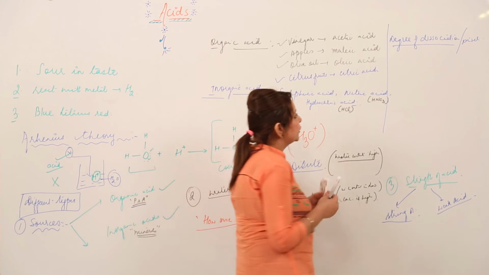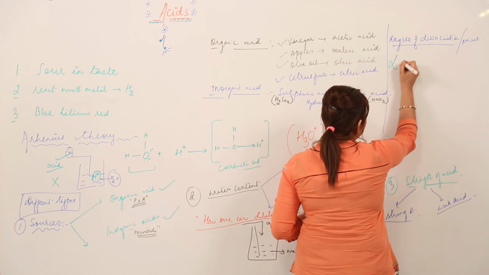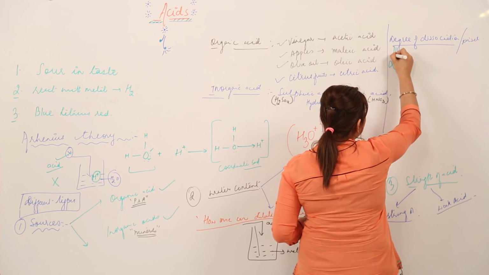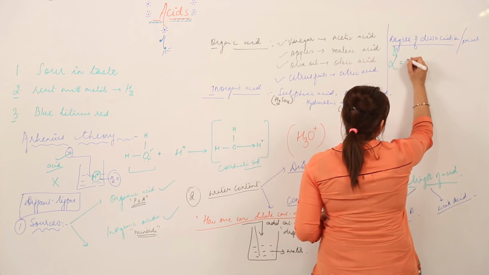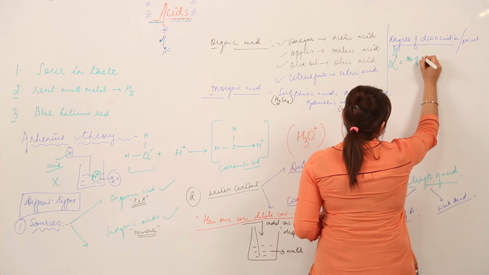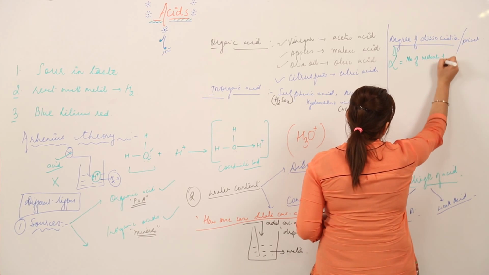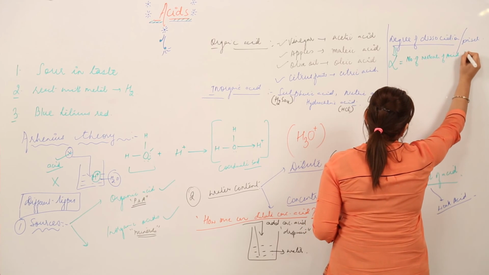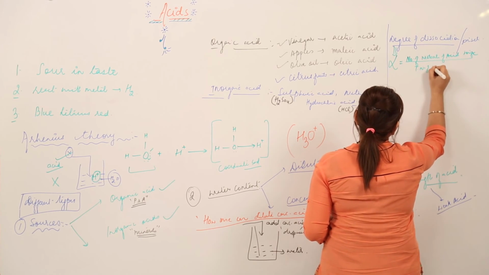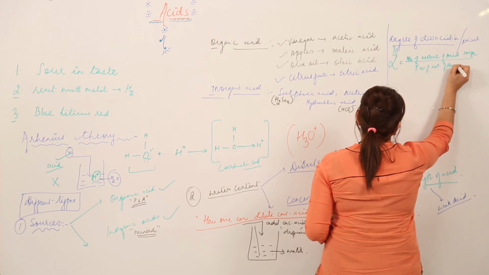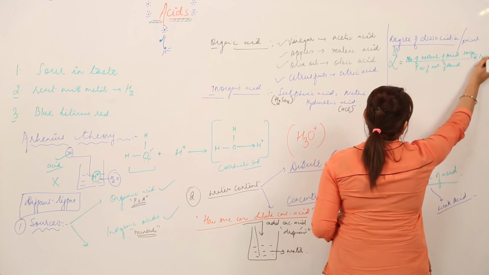This degree of dissociation is indicated by alpha. It is the symbol used for the degree of dissociation or ionization, and it is equal to the number of molecules of acid that get ionized divided by the total number of molecules of acid which we add, into 100.